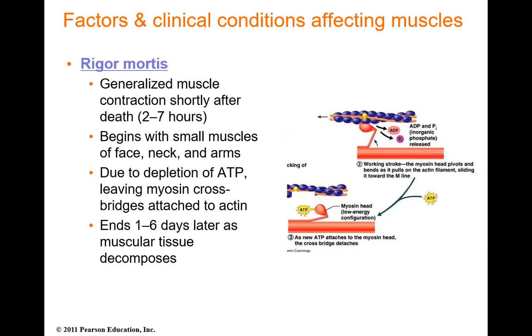And so once the muscle cells stop receiving oxygen, they can burn through a little bit of ATP that is stored within them. But once that ATP is gone, there's no more ATP to break these cross bridges. And as a result, the sarcomeres are kept in their contracted state, and therefore you get stiff, okay?